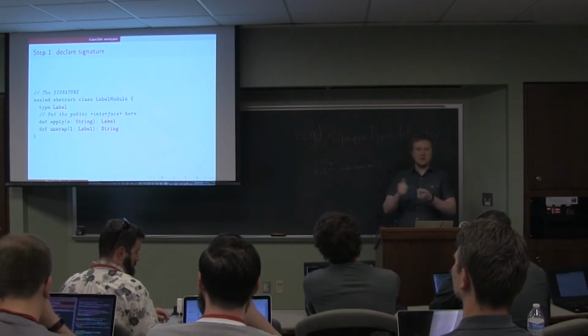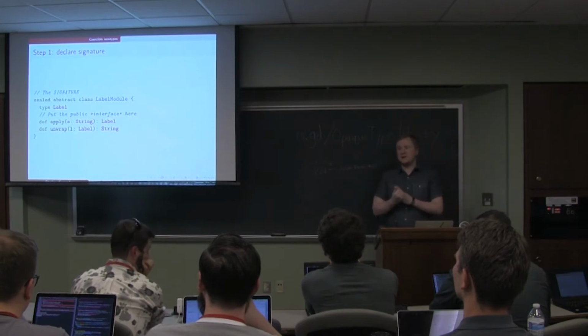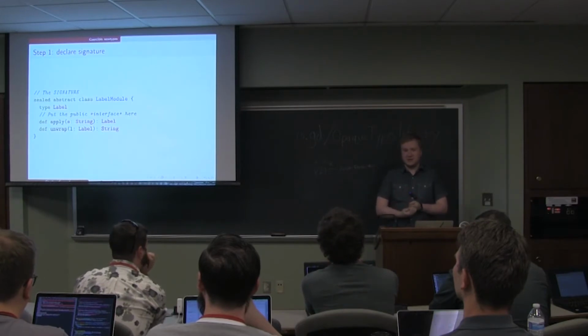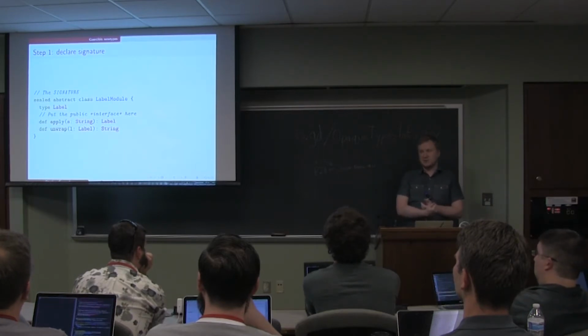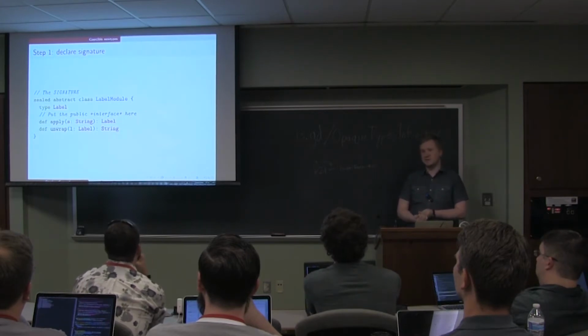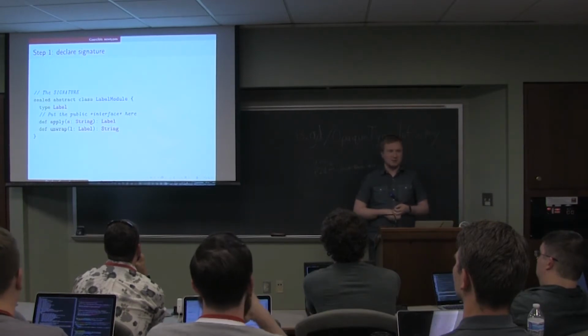We don't supply a way to construct a label, like to use new or anything like that. We don't supply a null bound that would let us widen the null pointer into a label. We just say there's a type label, you don't know what it is, and here are 2 functions that you can use to work with it.